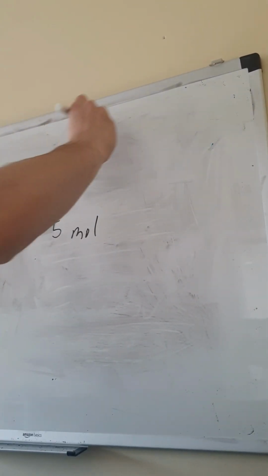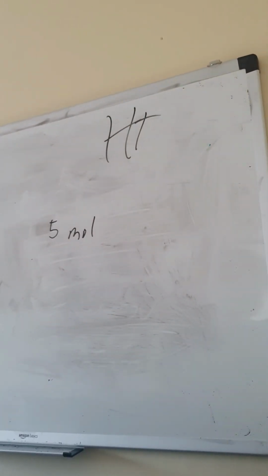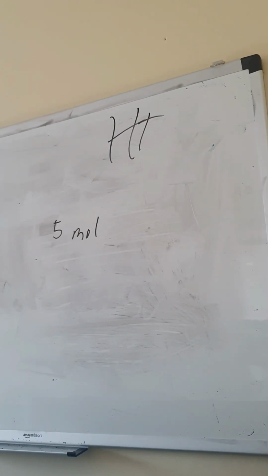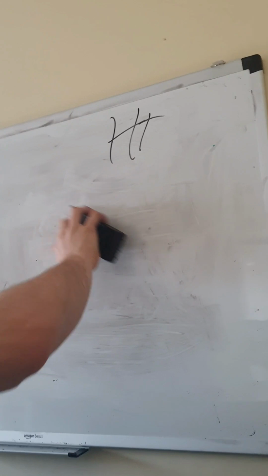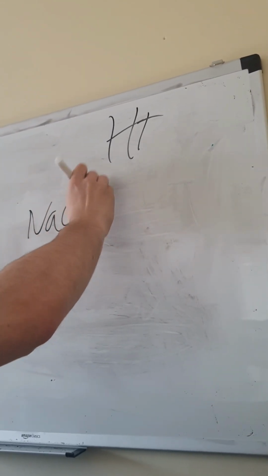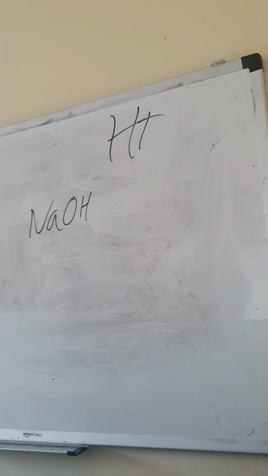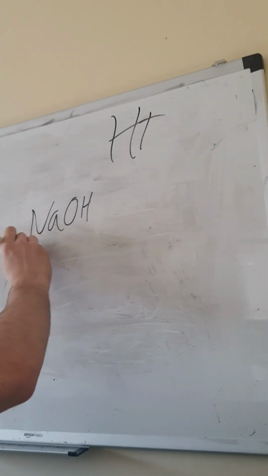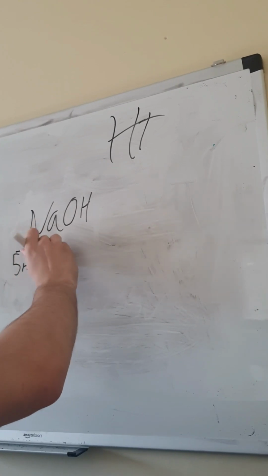Now remember, this is higher tier only, that's SHT. So, I have a certain amount of a chemical. So, let's say I have sodium hydroxide.